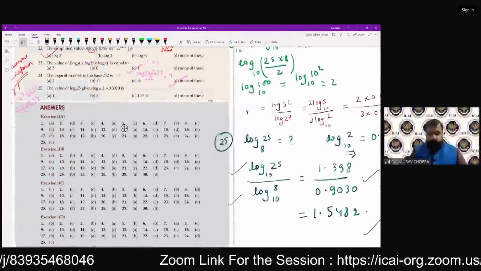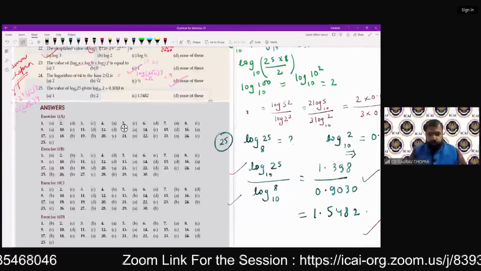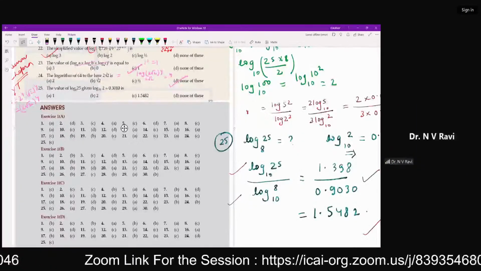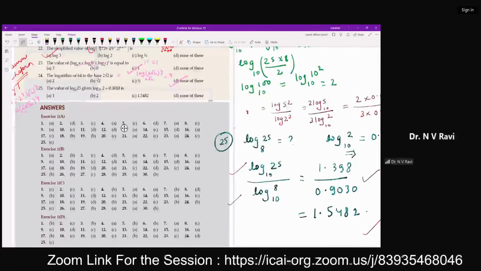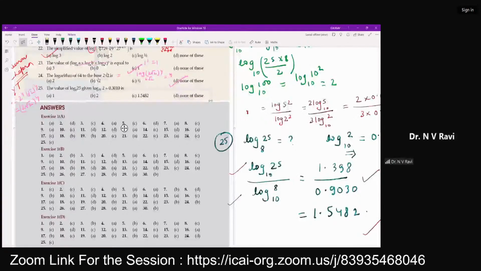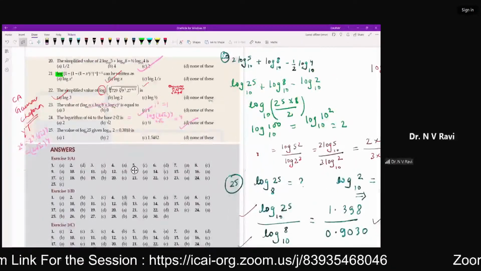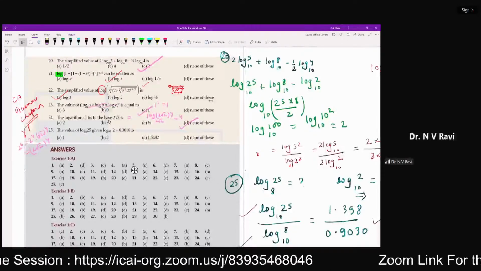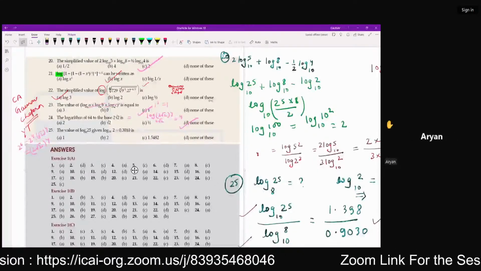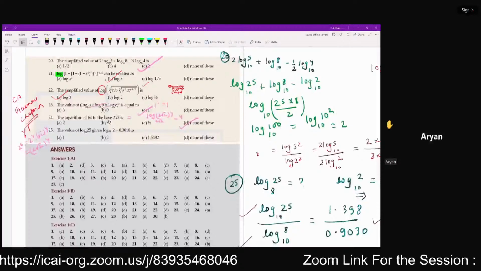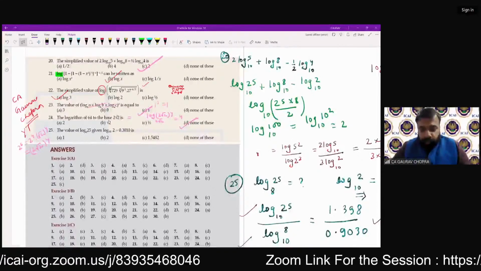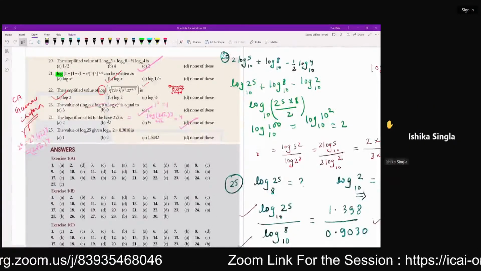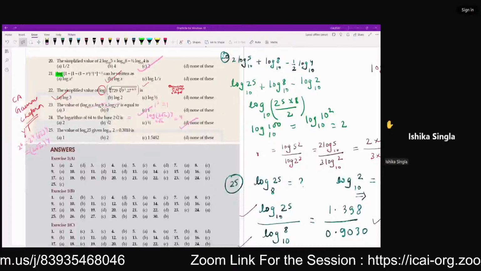If anybody has other simple questions, we can move to this one also. There is no problem. Further, does anybody have any small doubts? Please raise your hand. Sir, I have a doubt in question number 19. Yes, Ishika. Sir, I have a doubt in the 21st question of logarithm.